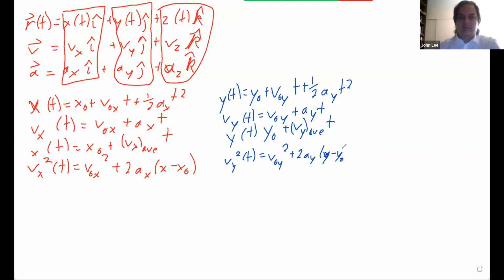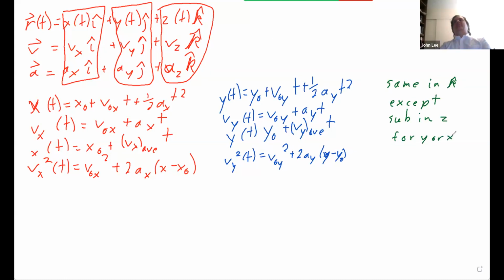And then same in the k direction, except substitute z for y or x, where z is just the velocity or the acceleration in the z direction, and so on and so forth.